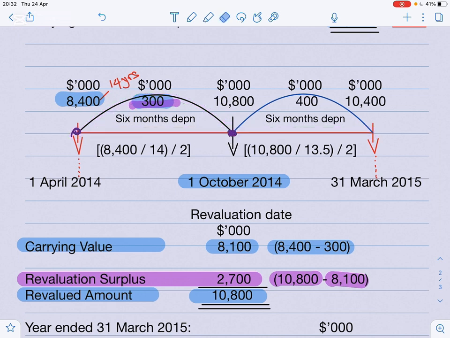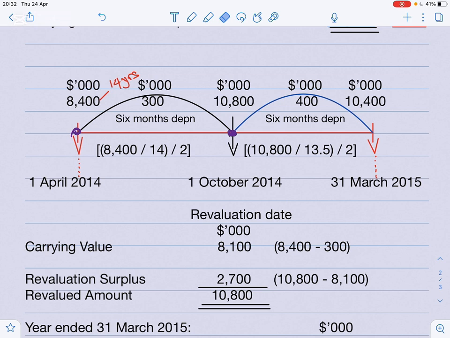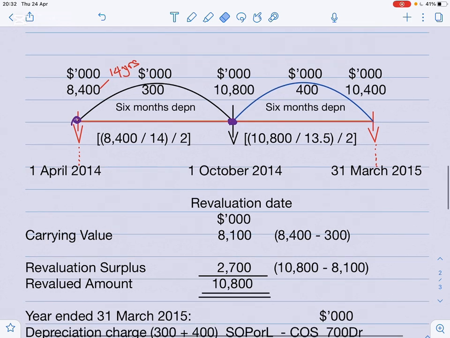Very simple. You remember the principle that says that once you revalue your assets, you do not have the current value of the asset again. Instead, what you have now is going to be the market value. So as at the date of revaluation exercise, even though the current value was 8.1, it will be 10.8 that you will pick for the value of the asset.